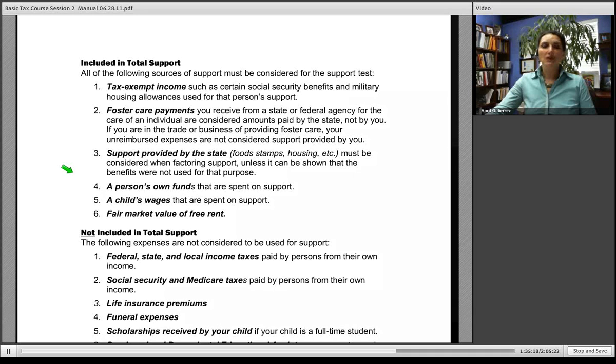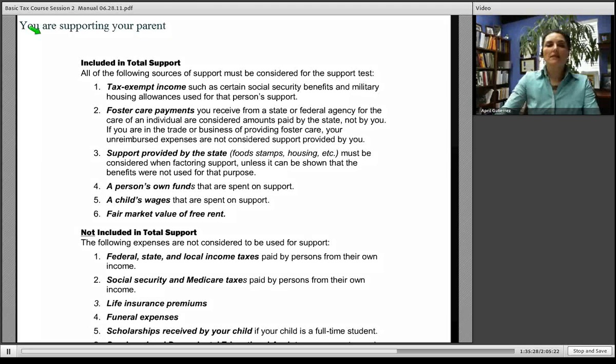Let's just suppose we have a situation where you are supporting your parent, okay? But your parent lives in their own home, and they own it free and clear. So you're essentially paying the property taxes, the utilities, buying food for your parent, giving them spending money, buying them clothes, maybe paying their medical bills for them, and so forth.